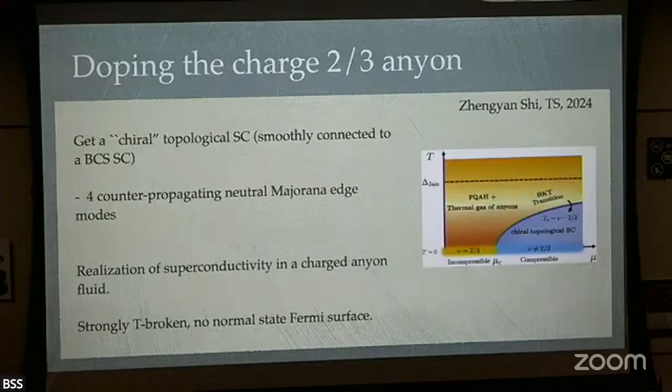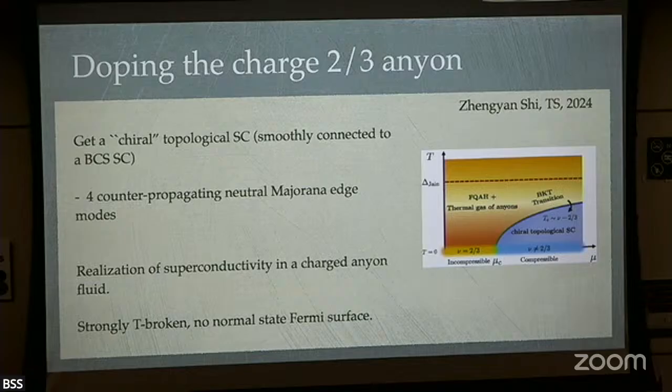Okay, so let me first give you the results, and then I'll give you explanations of the results. Let's see what we get if we do this. When we dope the charge 2/3 anyon, it turns out that the answer is a superconductor.